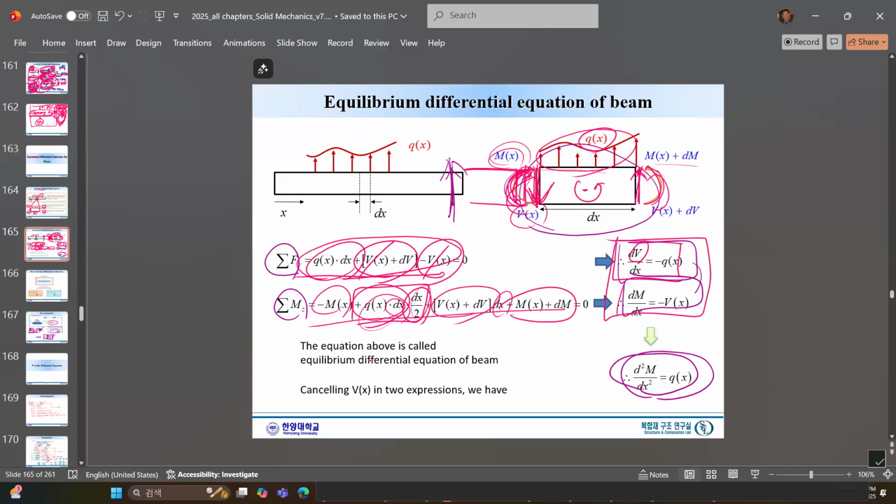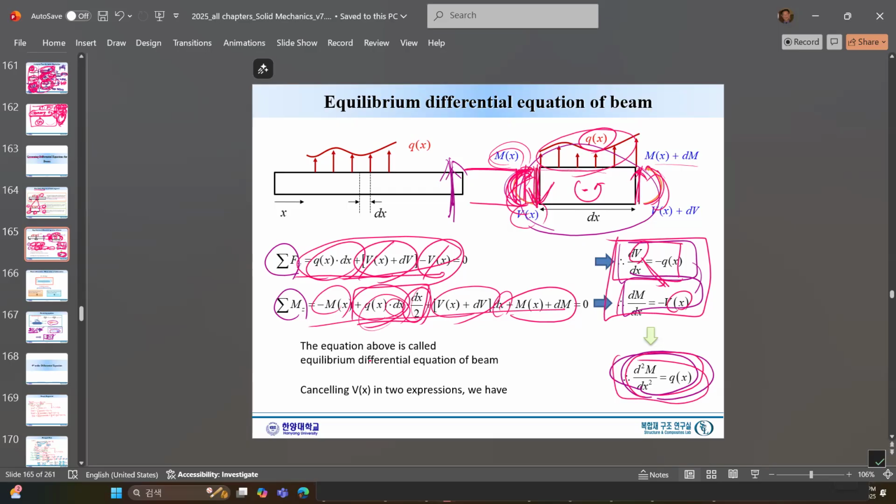Here is the V derivative, here is a V. Let's get rid of that V and simply put it here. The moment, twice derivative, will be qx. Can you visualize that? The moment's second derivative will be qx. What is this? This is the equilibrium.